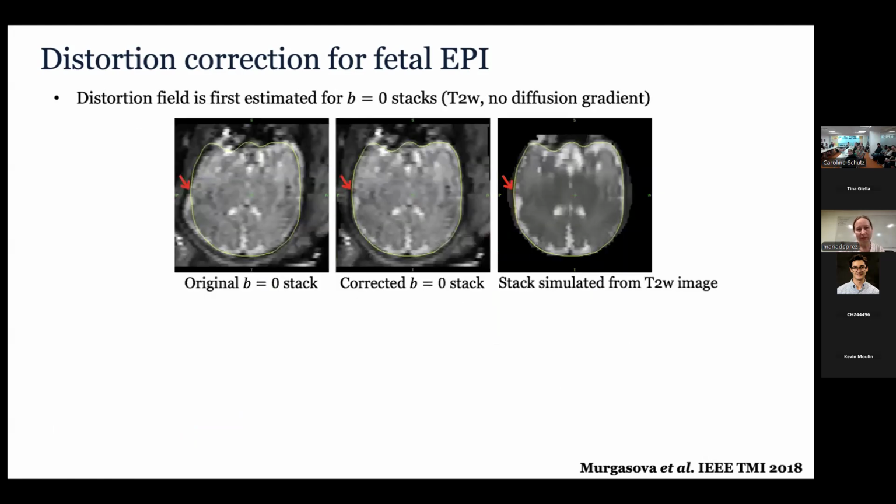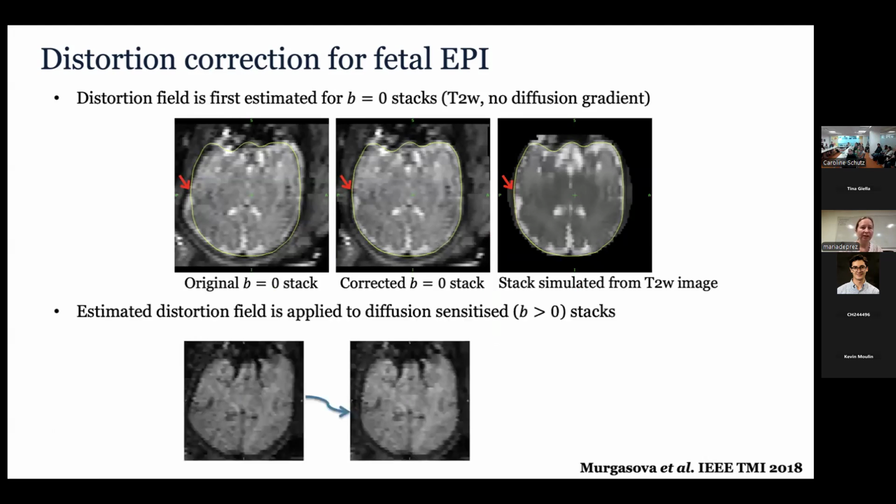And then, we just did the simplest case where we estimate the distortion field from the B0 stacks, and then we apply it to the diffusion-sensitized stacks. There is a word of warning that if somehow the distortion changes in time, then it wouldn't exactly work.